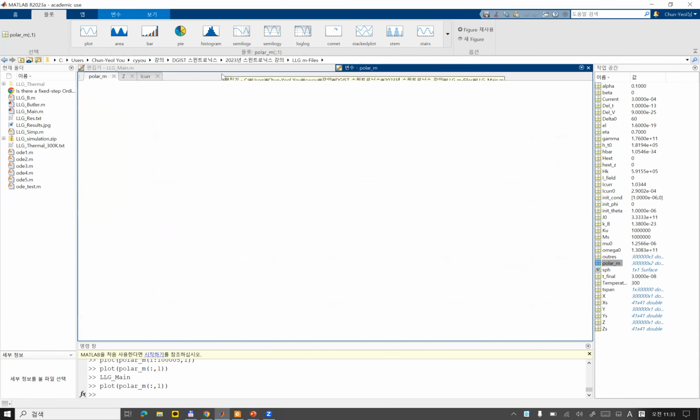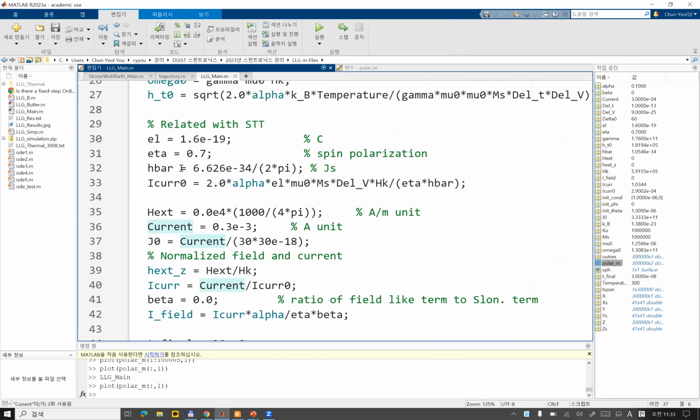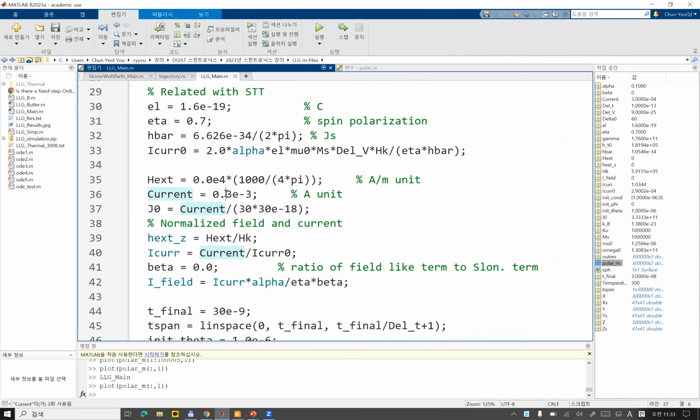So what's going on if we increase the current density a little bit more? Here we played with 0.3 milliampere, but let's say 6. It's almost double the critical current density. And I think we don't need this much time.